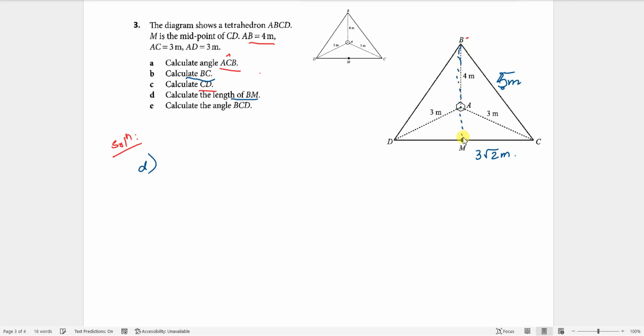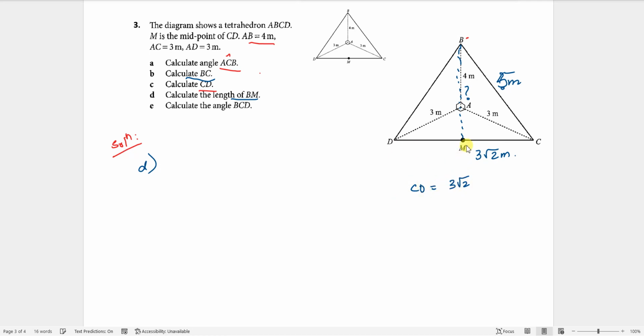So they're asking us to find this. Okay, so how do you do this? The easiest way to me, the way I like to do it is by this method. So we know that CD, we calculated in the early step part C, as 3 root 2.